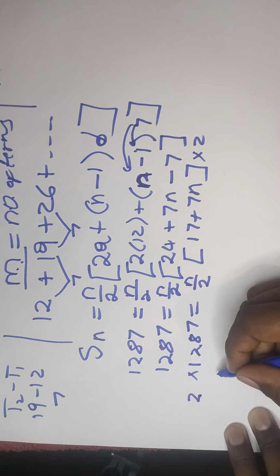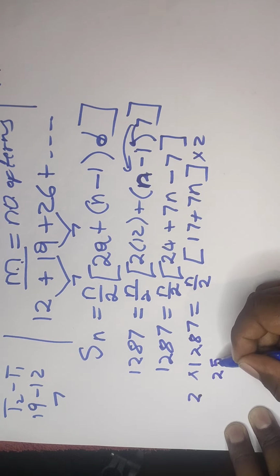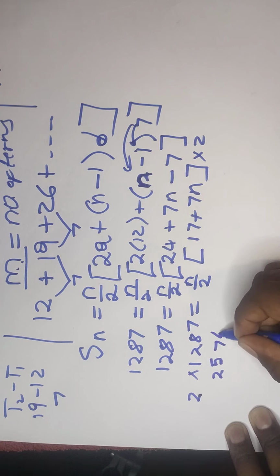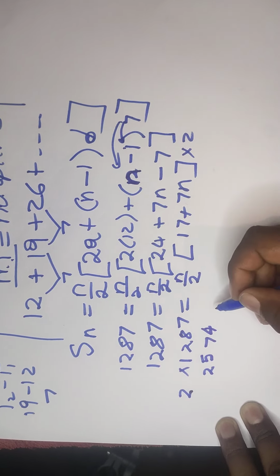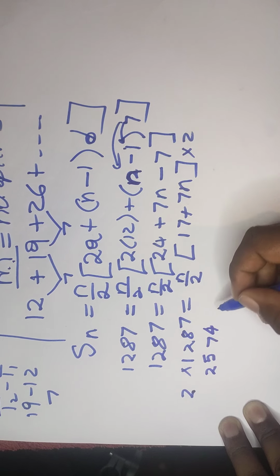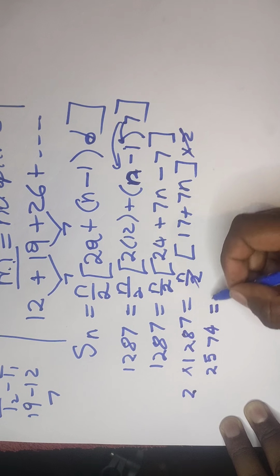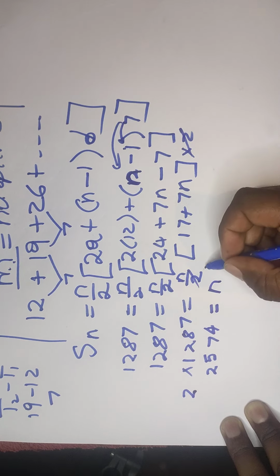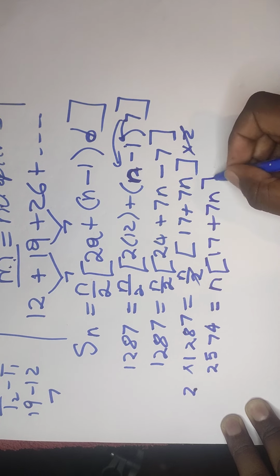On this side your answer will be 2574 if you multiply this number by 2. Equal to, now there's no more 2, now we have n into 17 plus 7n.